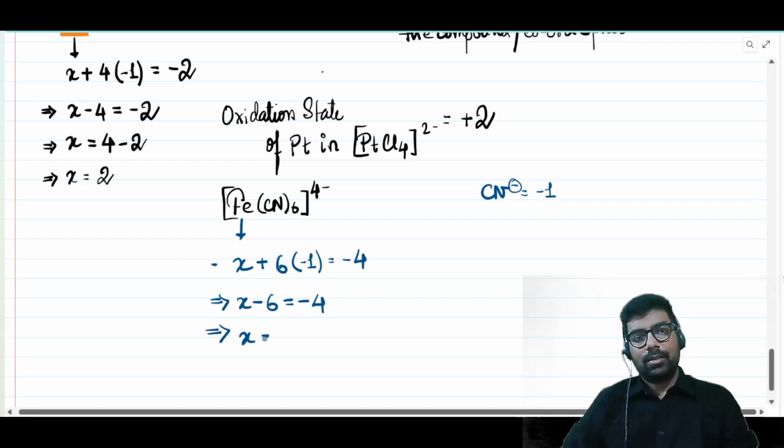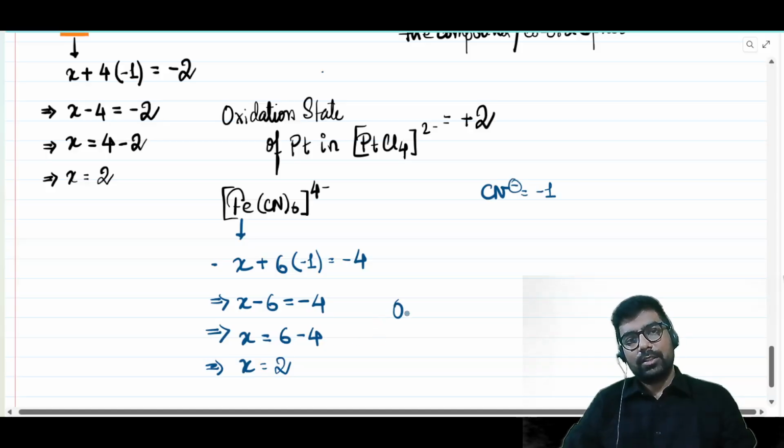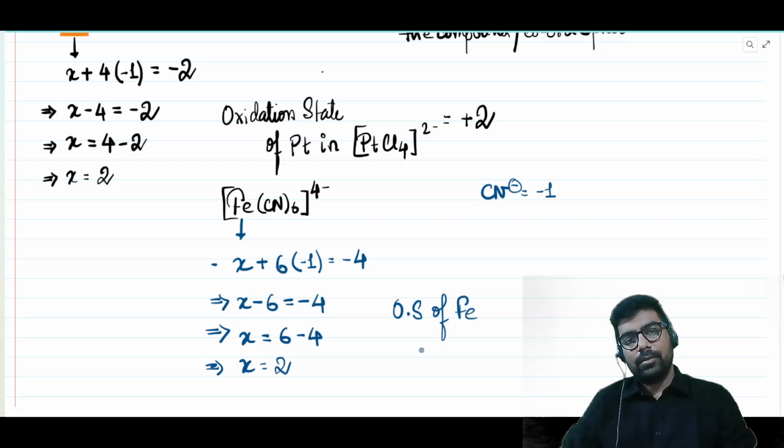So x equals 6 minus 4, so x is equal to 2. So again the oxidation state of Fe in [Fe(CN)6]4- is +2.